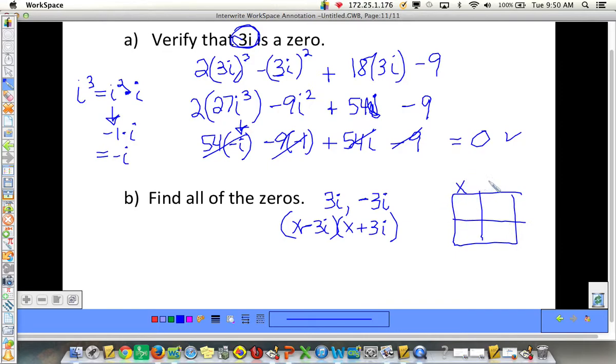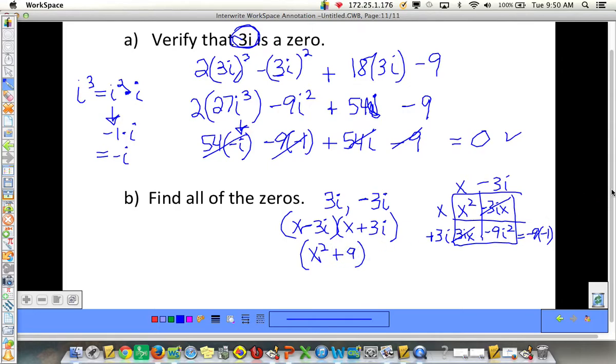So x minus 3i times x plus 3i gives x squared minus 3ix plus 3ix minus 9i squared. These will cancel out, and minus 9i squared is like saying negative 9 times negative 1, so plus 9. So when you multiply this together, you get x squared plus 9, and that is a factor of my original polynomial.